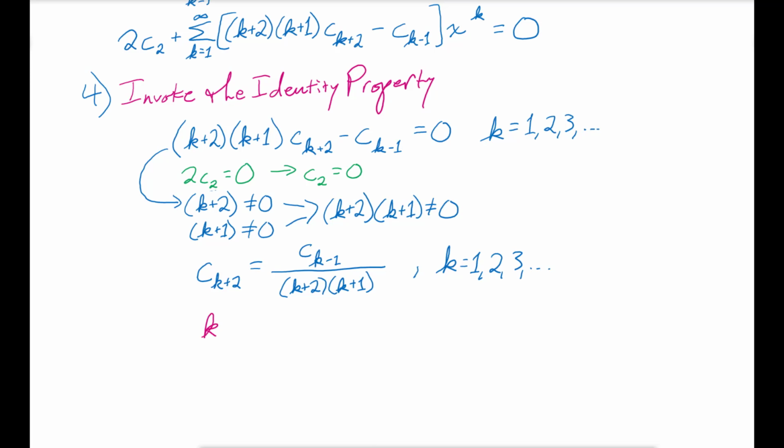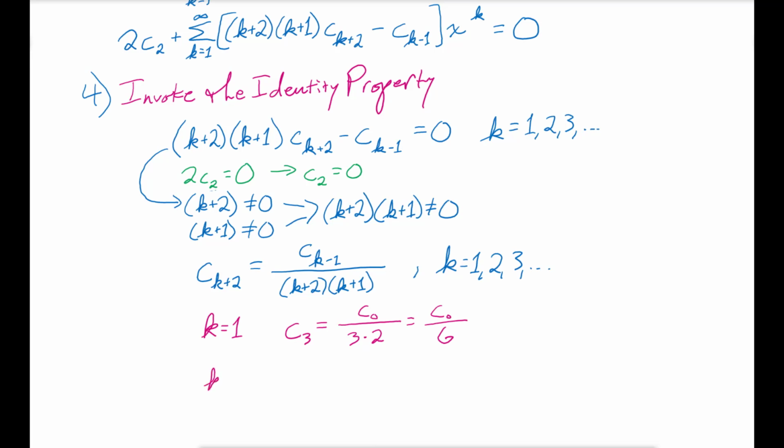So let's plug in the value k equals 1. Then I'll have c sub 3, so 1 plus 2 is 3, is going to equal c sub 0 divided by 1 plus 2, so 3, times 2, or c sub 0 over 6.